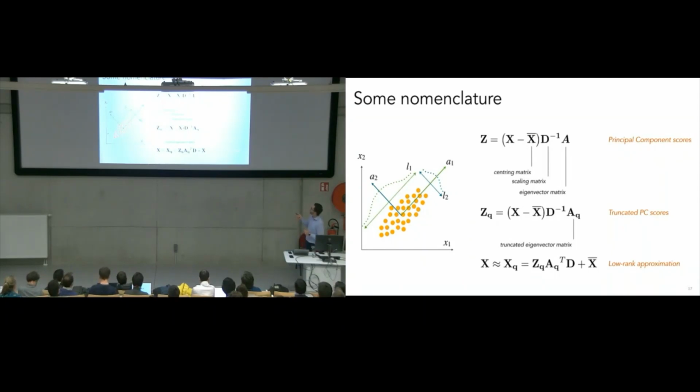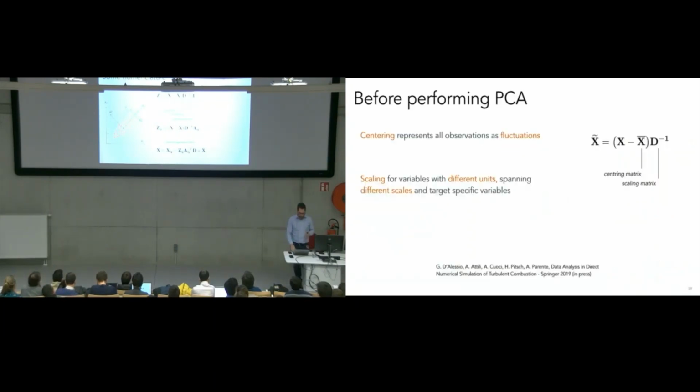We also center our data, as was pointed out before in the presentation of Professor Nowak. So you have a centering matrix, a scaling matrix, and an eigenvector matrix. We talk about principal component scores, truncated principal component scores, and a low rank approximation of our initial data matrix X.